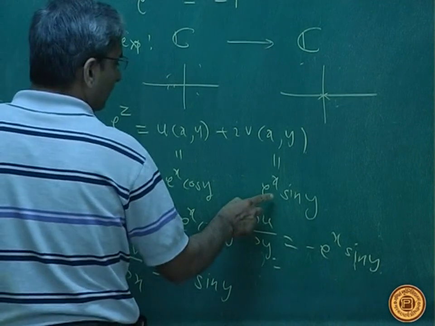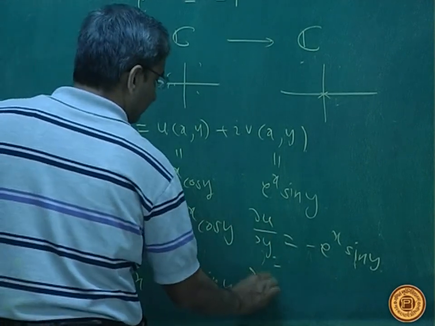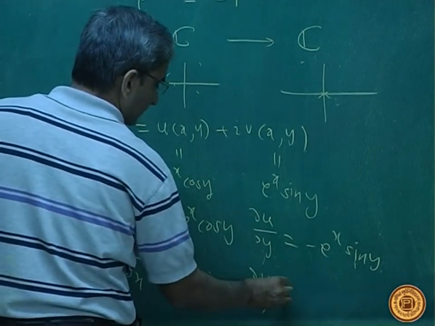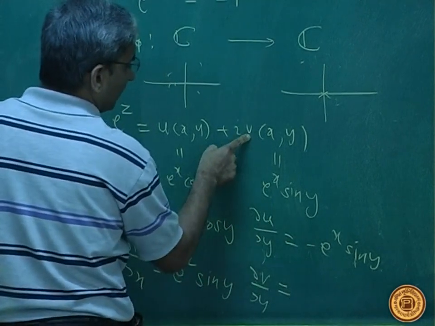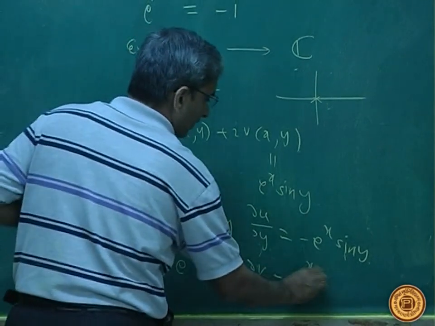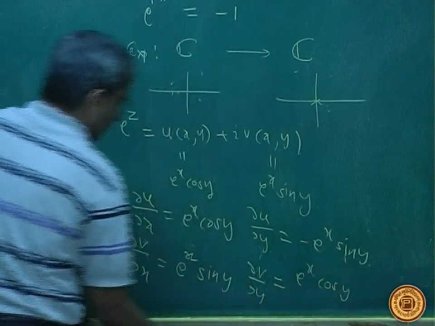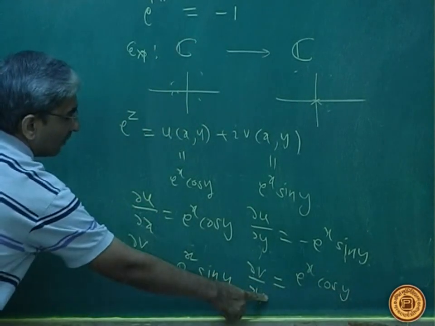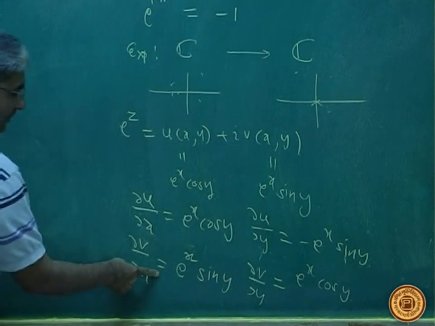And del v by del y is e to the power x cos y. So del u by del x is del v by del y, and del u by del y is minus del v by del x.